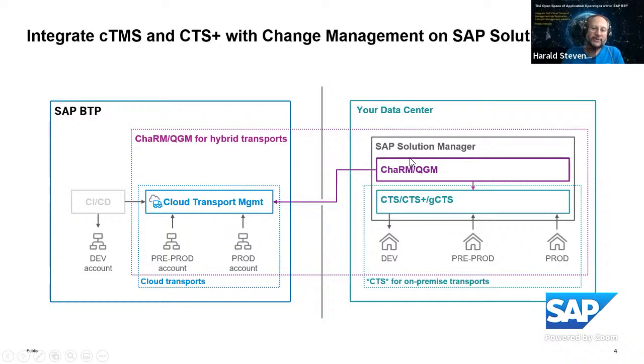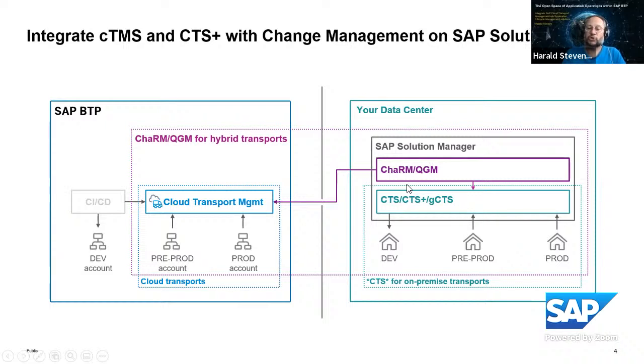So what happens is that in ChaRM, you have so-called change documents. These describe a closed set of changes belonging together to one project step. It is now possible to attach classical ABAP transports to a change document, and to the same change document, you can attach transport requests from Cloud Transport Management.